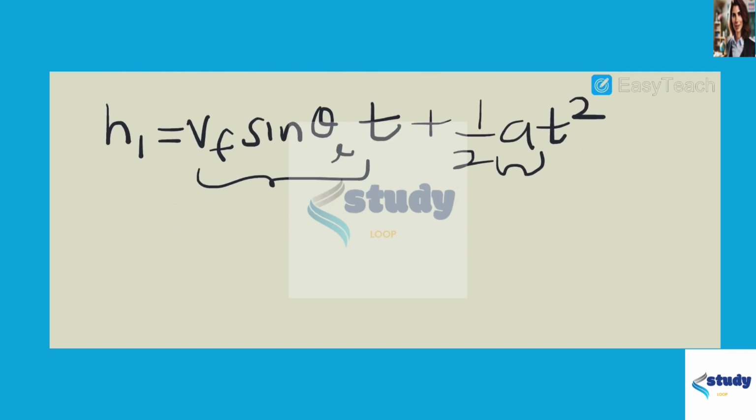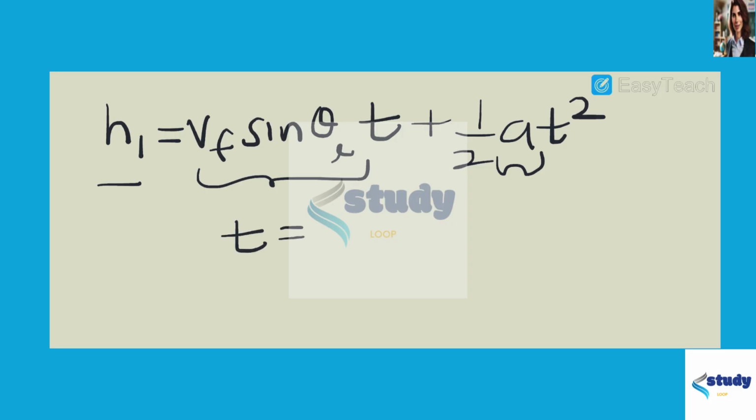Now, just using our kinematic equations, we can say that the height at which we lose contact is equal to vf sine theta L times t, which is the vertical component of velocity times time, plus 1/2 a t squared, which is due to the acceleration. We know h1, we know vf, we know theta L, and we know the acceleration.